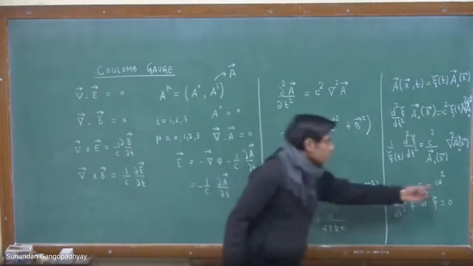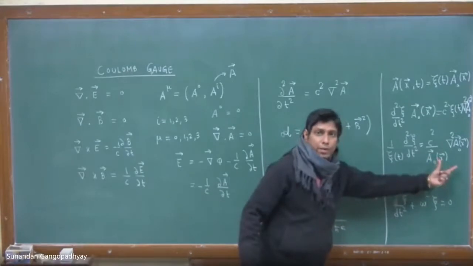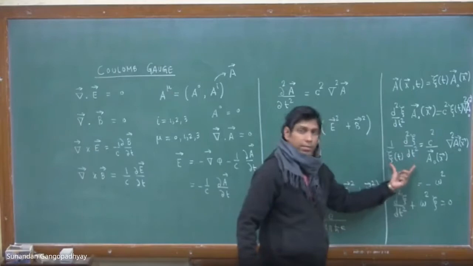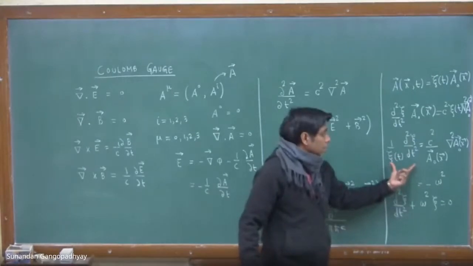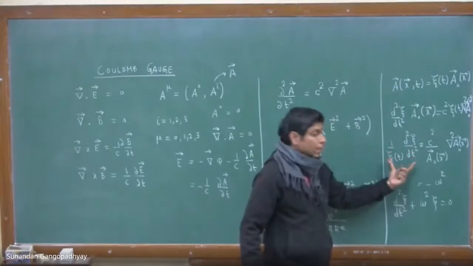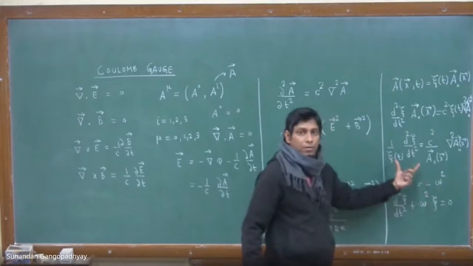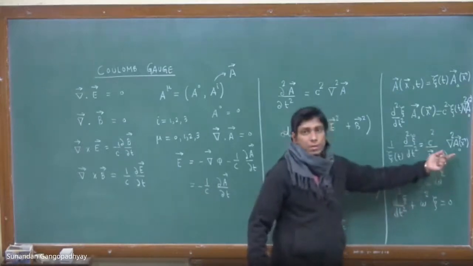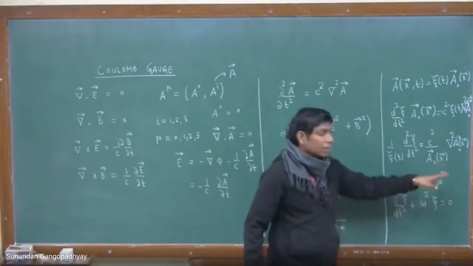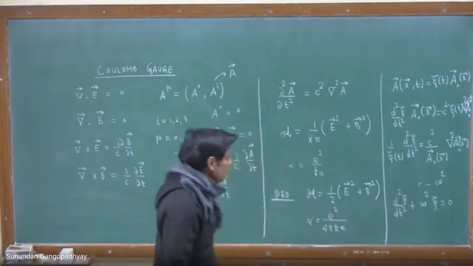Since this is only a function of time t and this is a function of x vector, if you differentiate this with respect to x vector, that must be 0. So this constant, whatever number is here, must be independent of x. Differentiate this with respect to time, it will be 0. So this number should be independent of time t. Therefore, this is independent of t and x, and therefore it is a constant.